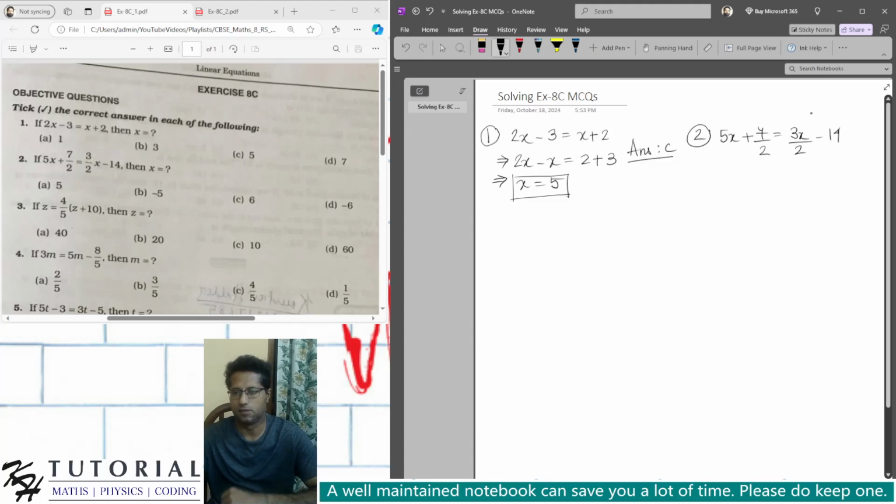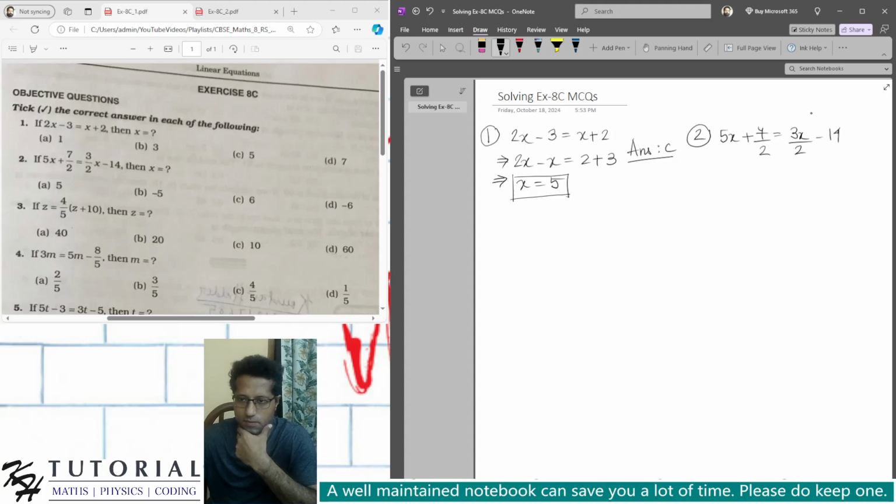Now this equation is not in a simple form. It is a linear equation, but it is not in the simple form because we see the rational terms 7 by 2 and 3x by 2. We have to get rid of the rational terms by multiplying both the LHS and RHS by the LCM of all the denominators of the rational terms.